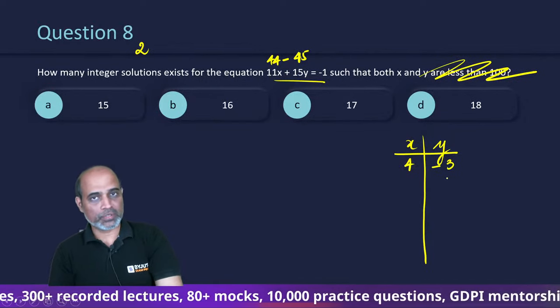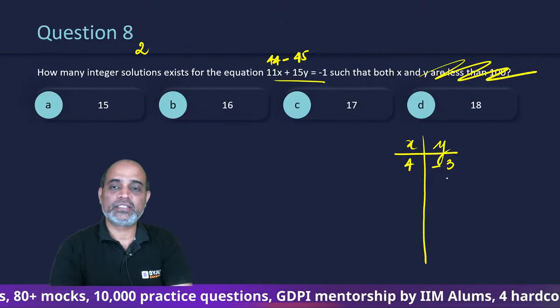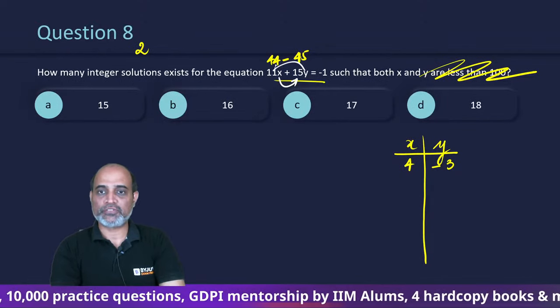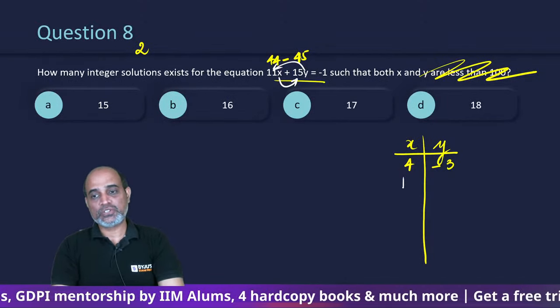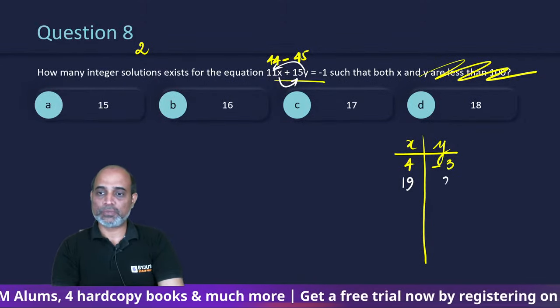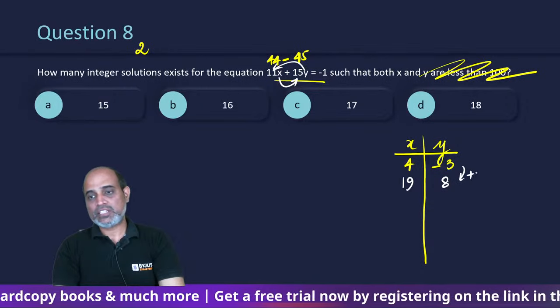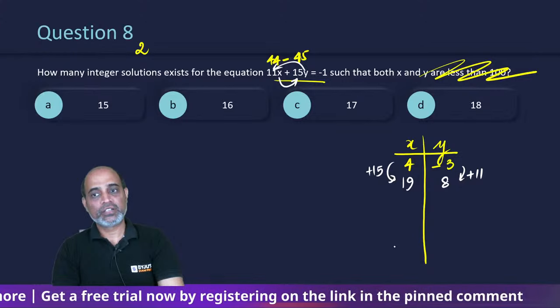ये ढूंढना था हमें. Once we get this, the next part is x will change by 15 and y will change by 11. So x जो है वो 15 से change होगा, x will become 19. And y 11 से change होगा. 11 से change होने का मतलब y will increase by 11 and x will increase by 15.